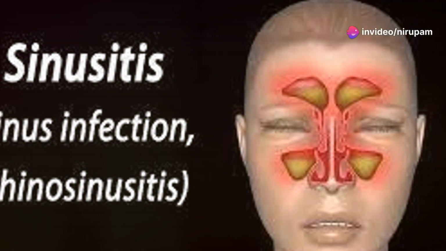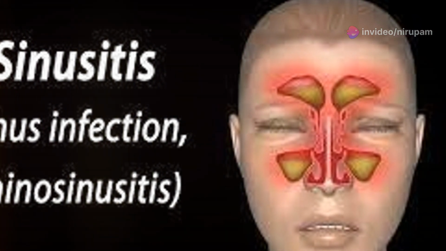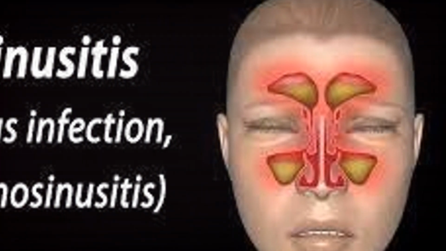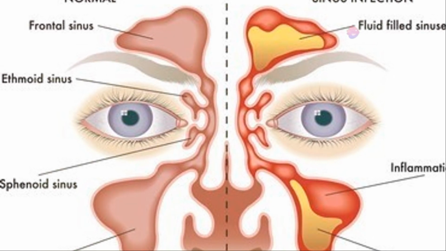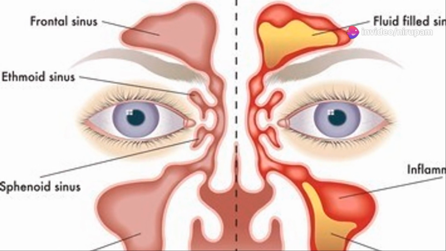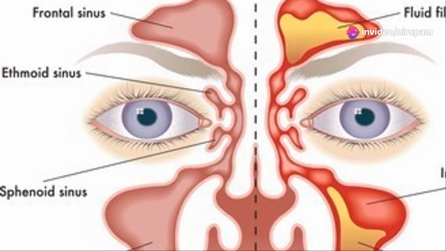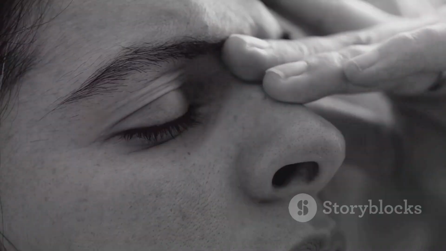This might get worse when you move your head around or bend over. Pressure or pain in your teeth. Ear pressure or pain. Fever. Bad breath, halitosis, or a bad taste in your mouth.